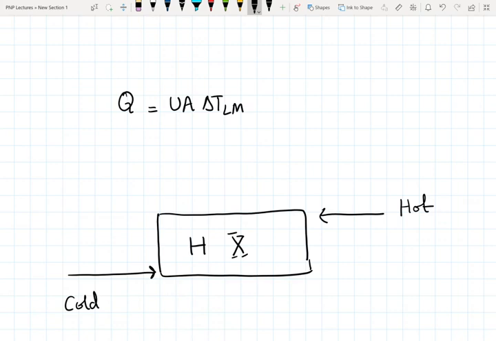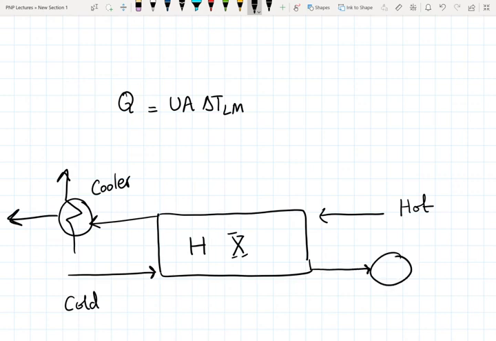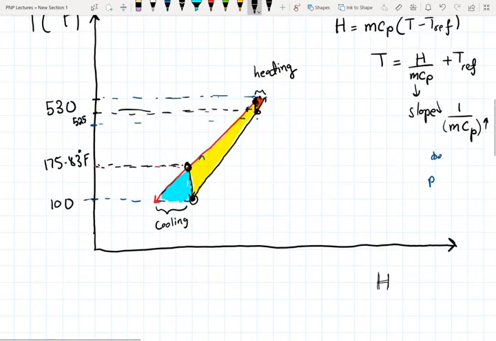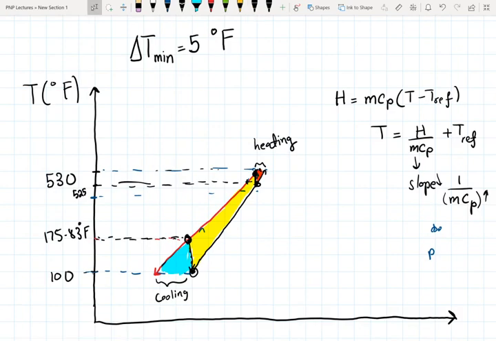Now once the hot stream leaves, it has to pass through a cooler to meet its target temperature. And once the cold stream leaves the exchanger, it has to pass through a heater to meet its target temperature. Let me color code that. And keep in mind that we're not dealing with phase changes right now.